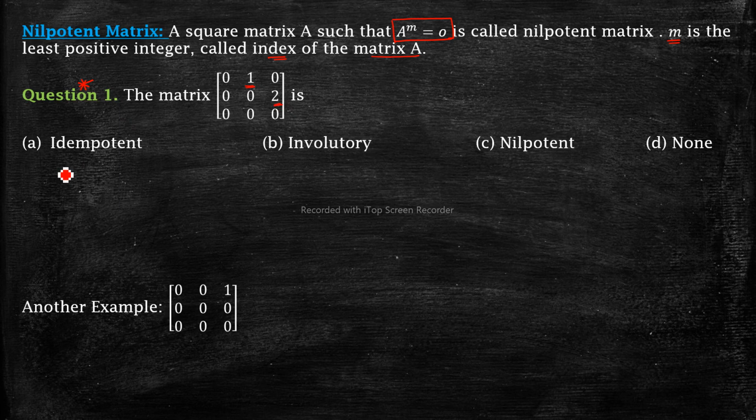This is a non-zero element, this is also a non-zero element, so we have to write the places of the non-zero elements. So 1 is in the place 1 comma 2, first row, second column, yes or no? And the second non-zero element is at 2 comma 3, second row, third column. Are you getting my points? Now we are looking for multiplication.